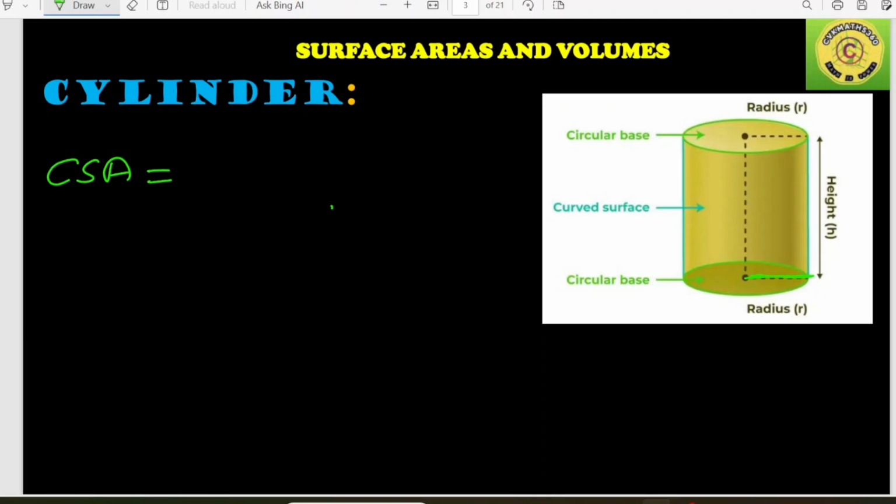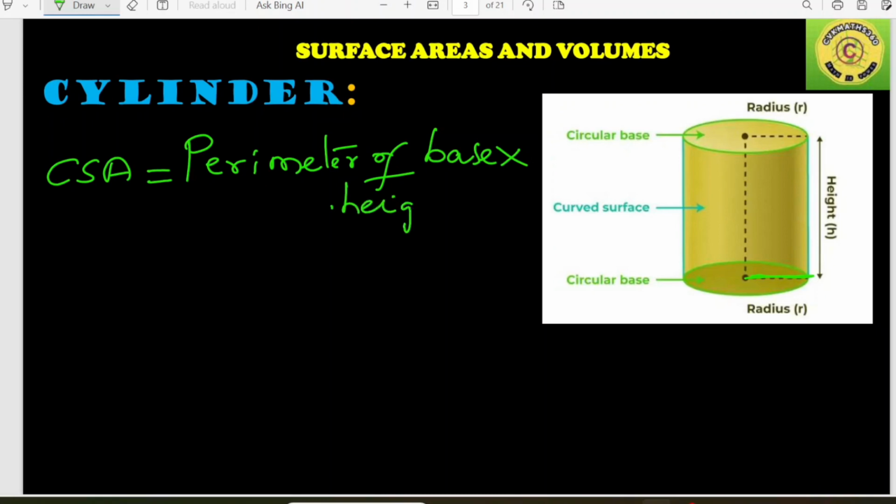So CSA is nothing but the perimeter of the base into height. The base is circle shaped, and the circle perimeter is 2 pi r, so it is 2 pi r into h. So that is the CSA of cylinder.